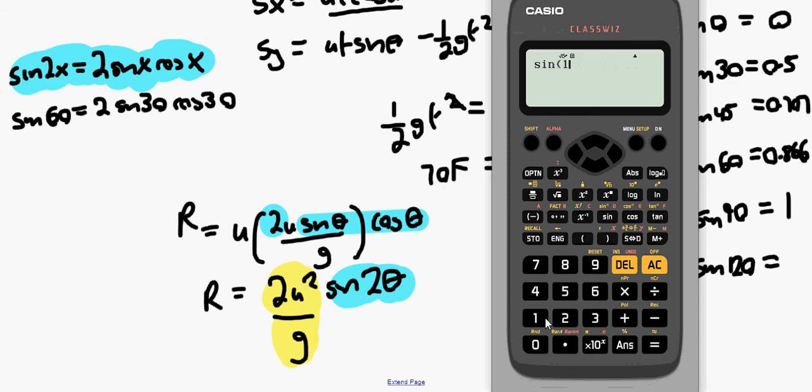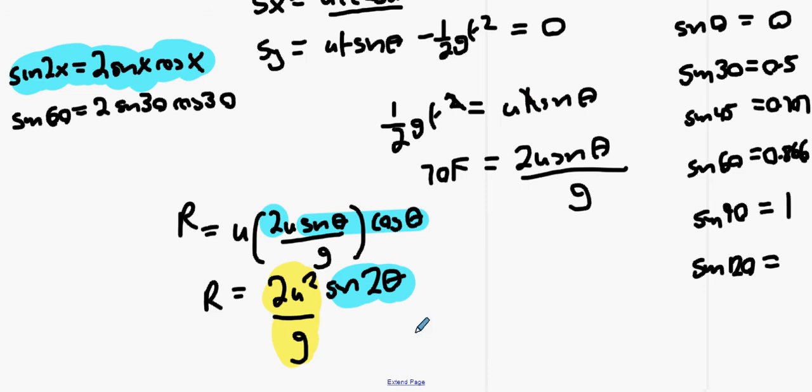So, when is sine maximum? 90, exactly. So what you say is max value of sine 2 theta equals 1. The maximum value of a sine function is 1.